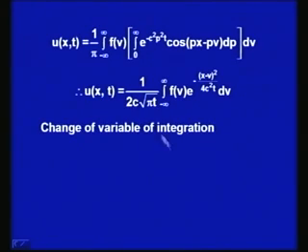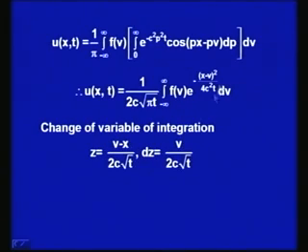Now, change the variable of integration. Rather than writing it with respect to v, let us use a new variable. We just want to simplify the term in this exponent. I am introducing a new variable z as (v minus x) upon 2c root t. Either I write (x minus v) whole square or (v minus x) whole square, that does not matter.